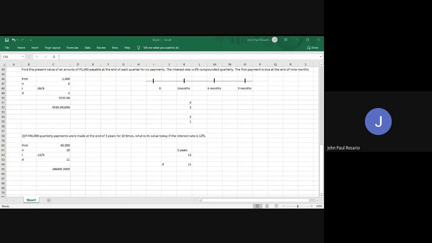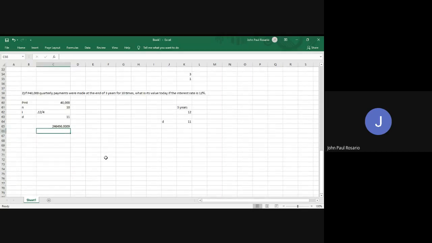So with that, the problem lies when the payment is the unknown. For payment, what is the formula for payment? If payment is unknown, what is your formula?